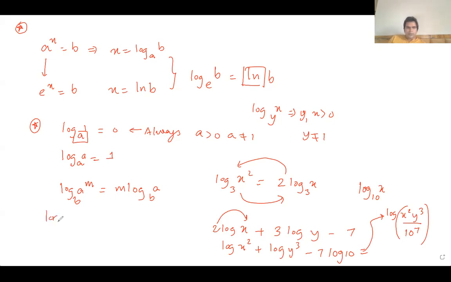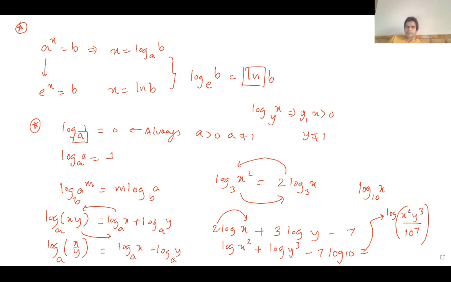So if you got log xy to the base a, it is log x to the base a plus log y to the base a. So from here to here you can go, and from here to here you can go. If you got log x upon y to the base a, this can be written as log x to the base a minus log y to the base a.